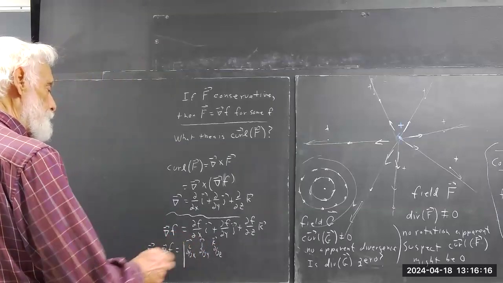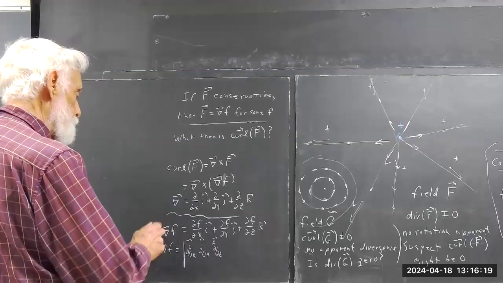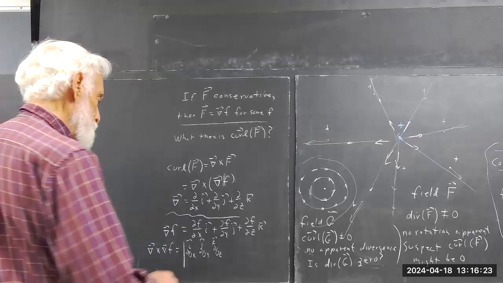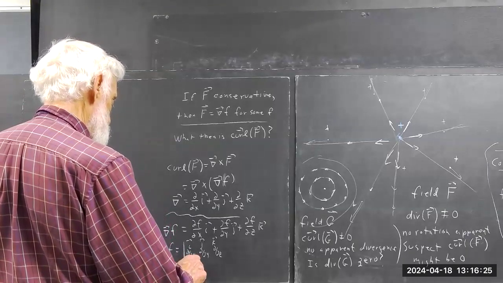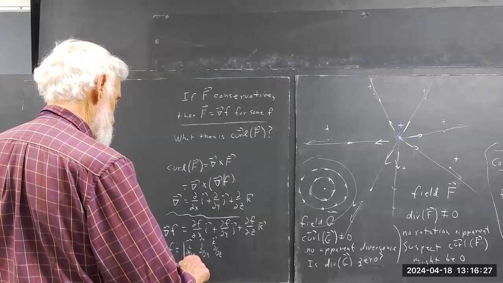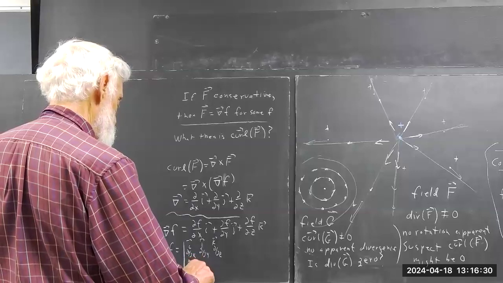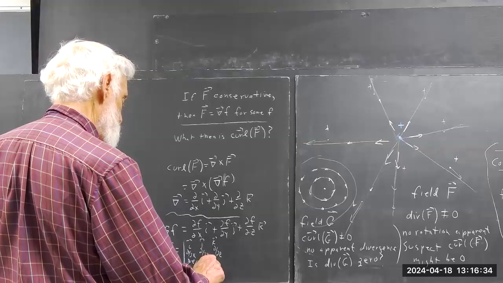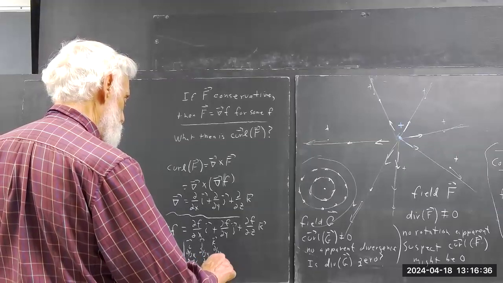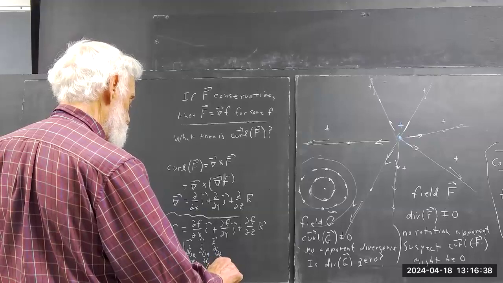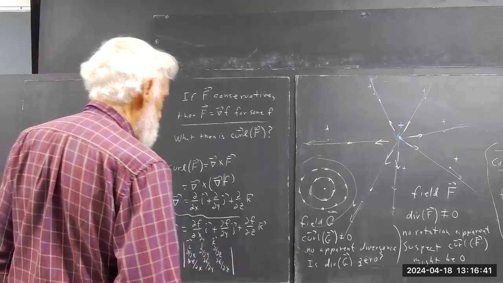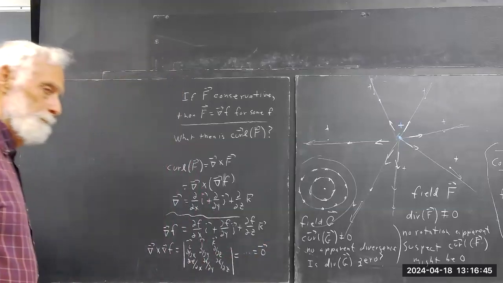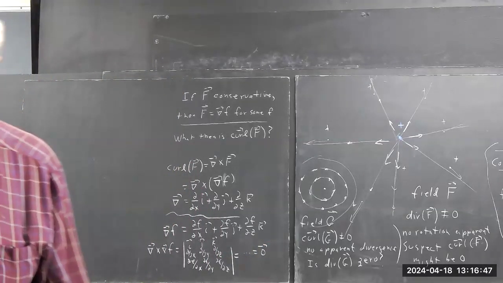A lot of people got down to here and didn't know what to write here because they never wrote this out. So you do want to write that out. You can have partial with respect to x, partial with respect to y, partial with respect to z. And you work it out on your own.